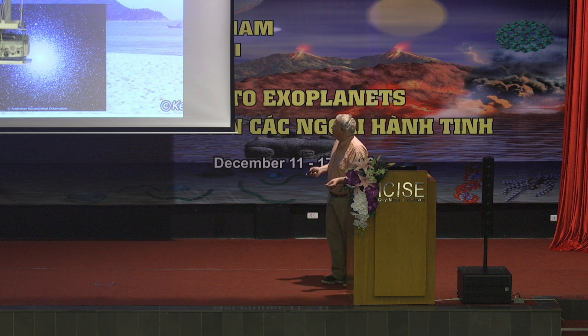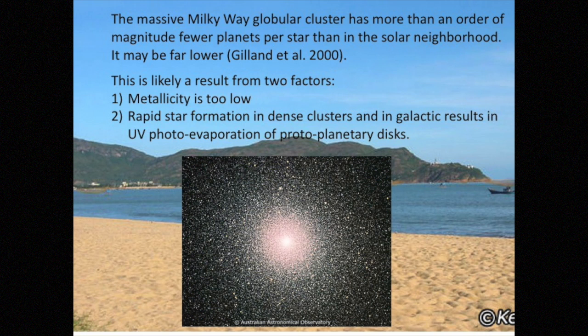And I think this is quite an interesting thing, because one of the factors for habitability is that you need planets. And the globular cluster 47 Tuc is considered one of the more metal-rich clusters. It's still quite metal-poor compared to the Sun. But in a study by Gilliland, they found that there were no Jupiter mass planets that came out of their study.